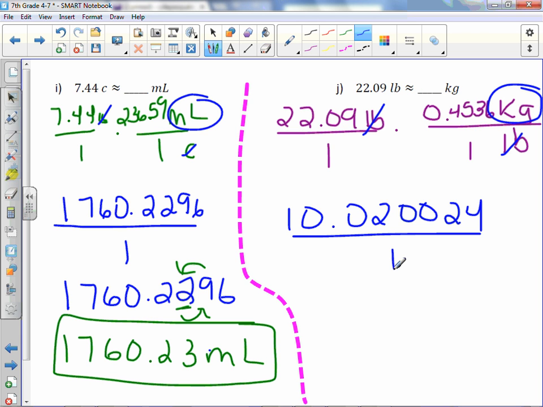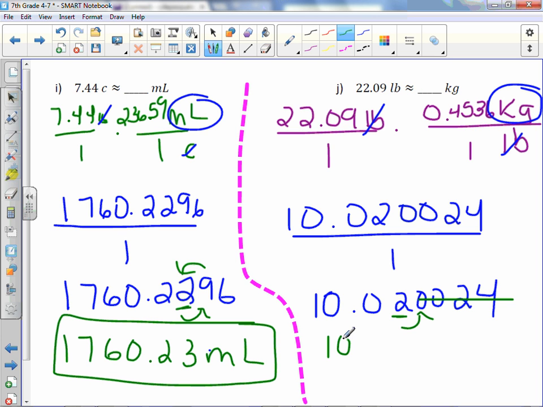Denominator is 1. Divided out. 10.020024. The 2 is in the hundredths place. Find your place. Look next door. 5 or greater. Add 1 more. 4 or below. Let it go. So 10.02 kilograms.